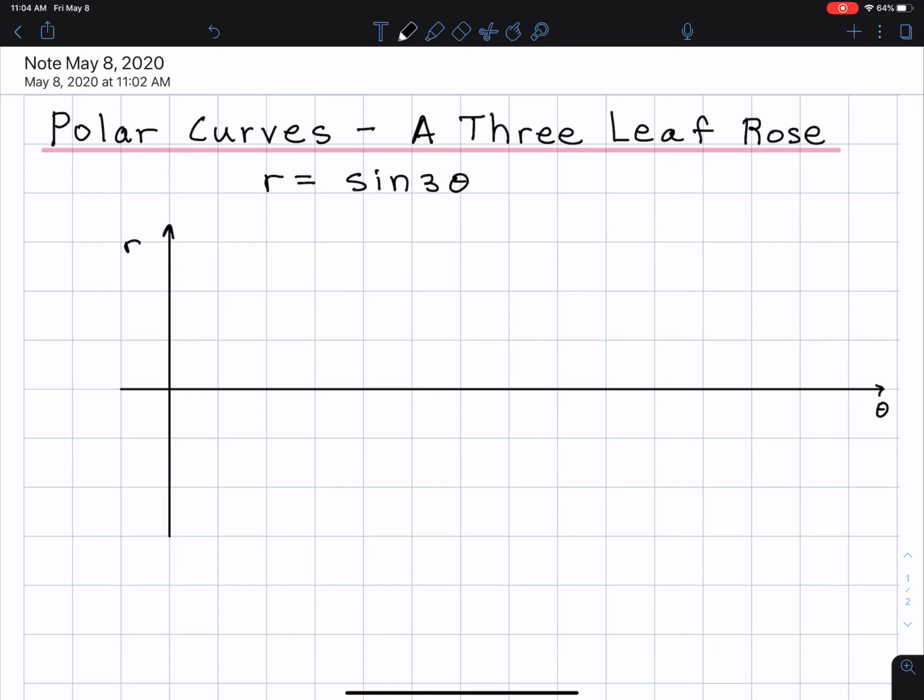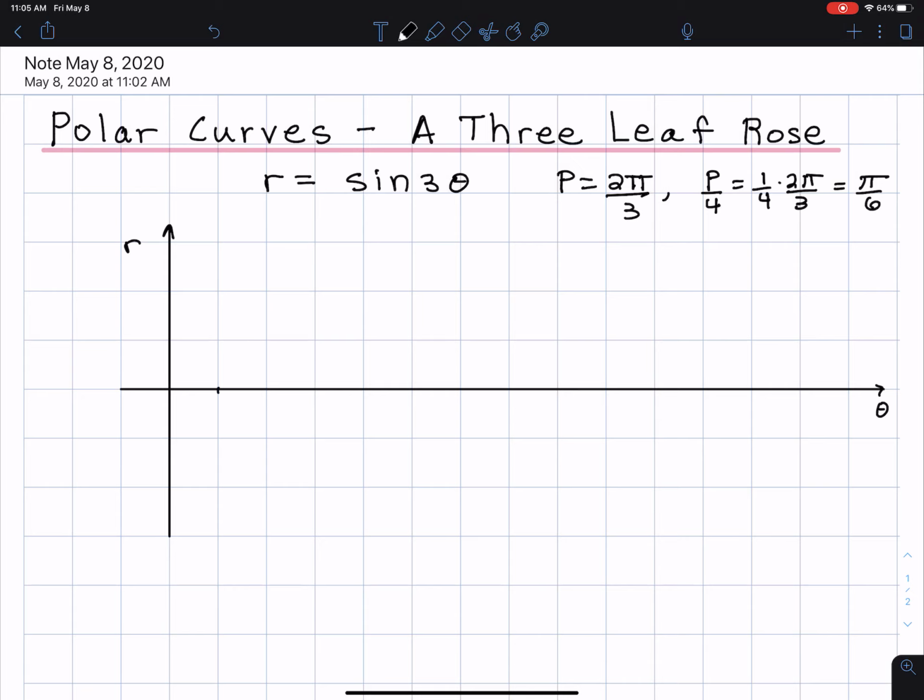Okay, the period is equal to 2 pi because it's sine, and divided by 3 because that is the coefficient of theta. The period divided by 4 is found by multiplying the period by 1/4, and that will give us pi over 6.